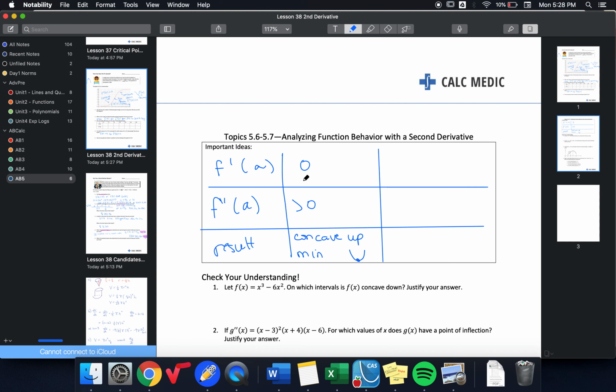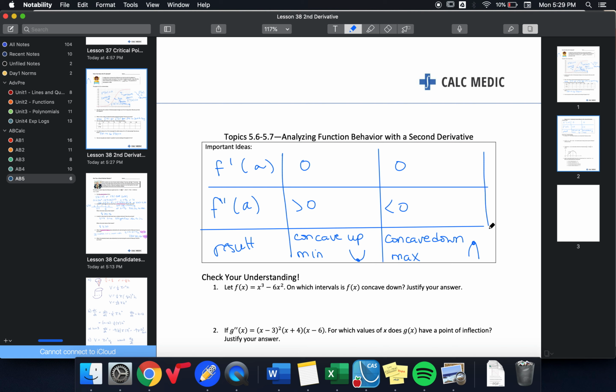If our first derivative is 0 and second derivative is negative, well, negative makes me frown, so that's concave down. Concave down has a shape like this. If the first derivative is 0, that's going to be a minimum. Sorry, that's not a minimum, obviously, that's a maximum.